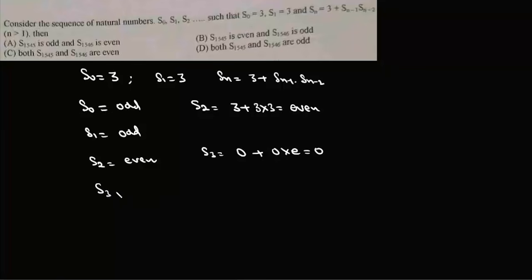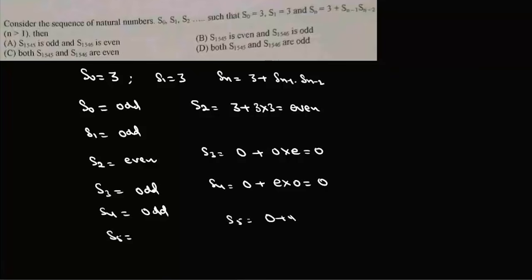So we'll have S3 odd. Now S4 will be 3, which is odd, plus S2 into S3. So this is even into odd, which again is even, and plus odd, so this again is odd. So S4 will be odd. Now S5 will be odd plus odd into odd, and that will be even.